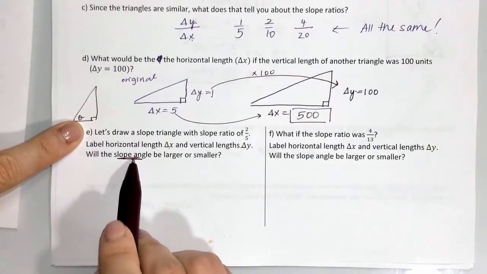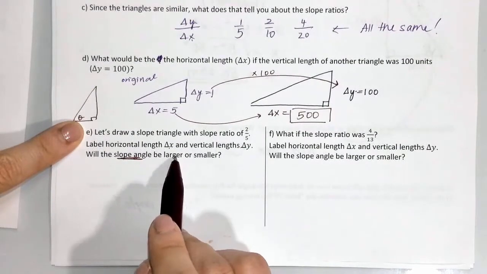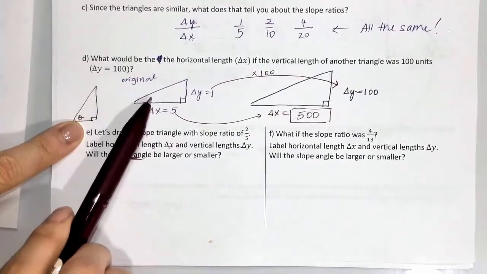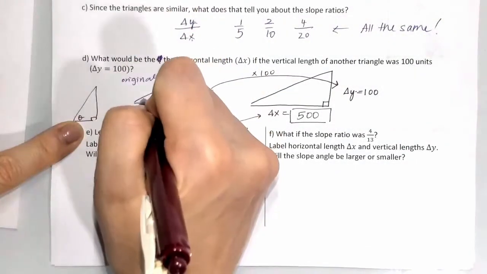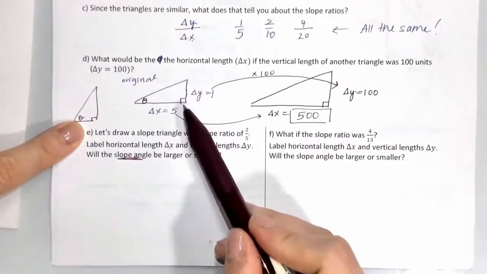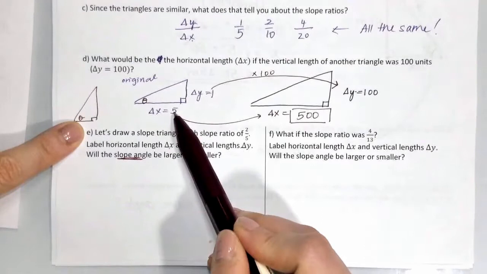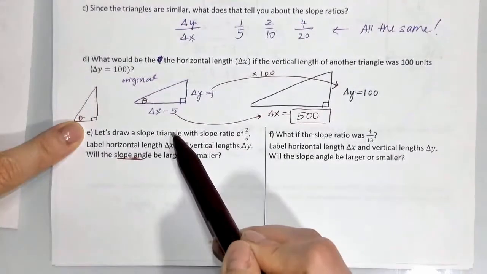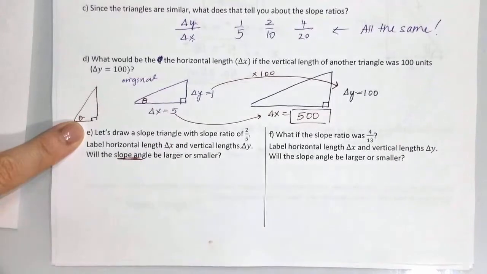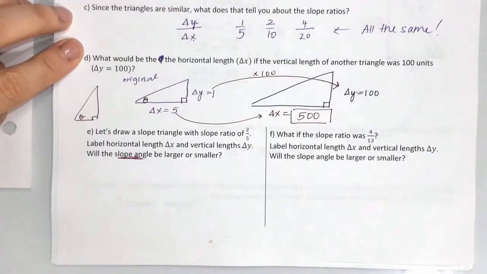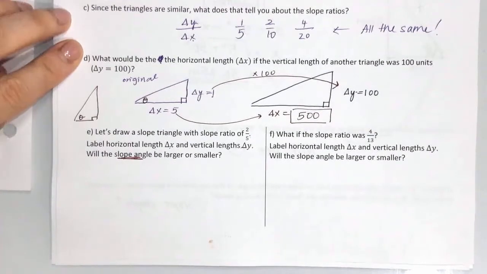Is the slope angle going to be larger or smaller than this one? This is a triangle with slope ratio of 1/5. If you make a slope triangle with slope ratio of 2/5, is that angle going to be bigger or smaller? So first, make up your prediction, but we'll look at it together.